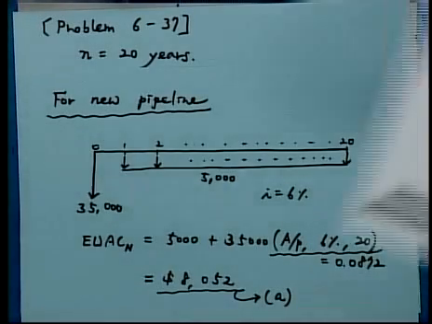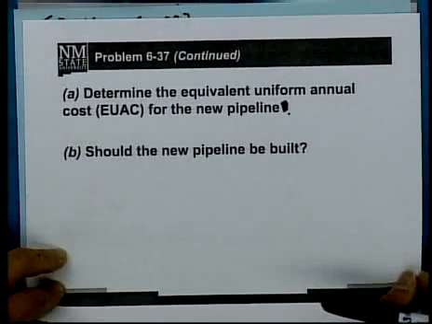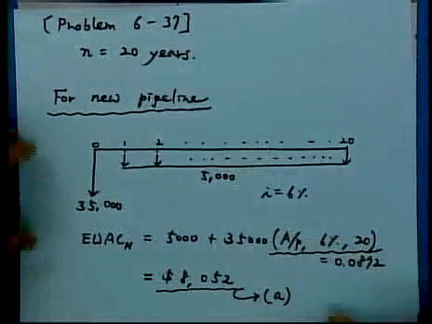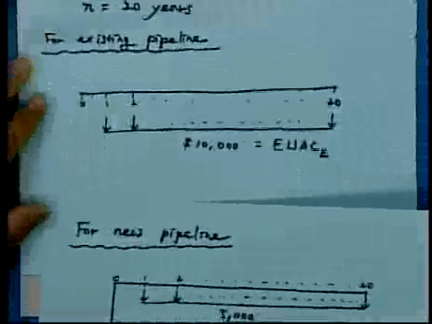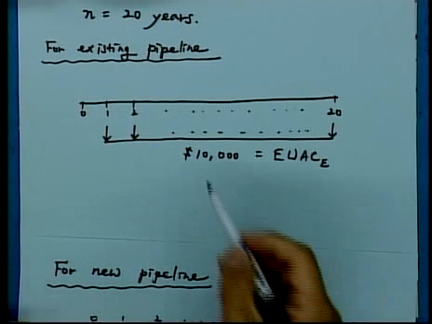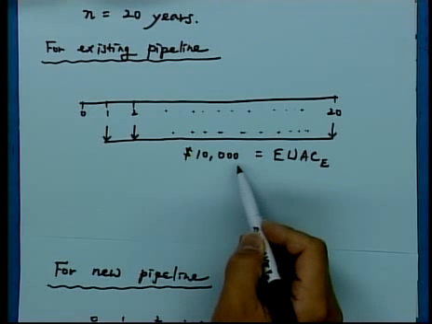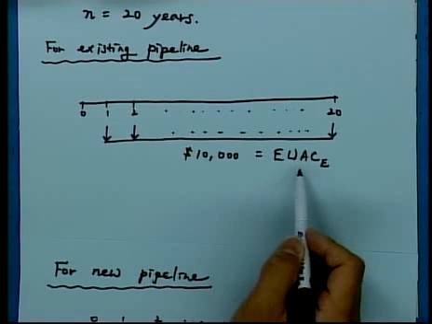Then how do you answer part B? Should the new pipeline be built? So you need to compare two numbers. One from the existing pipeline, that is $10,000 for the equivalent uniform annual cost.